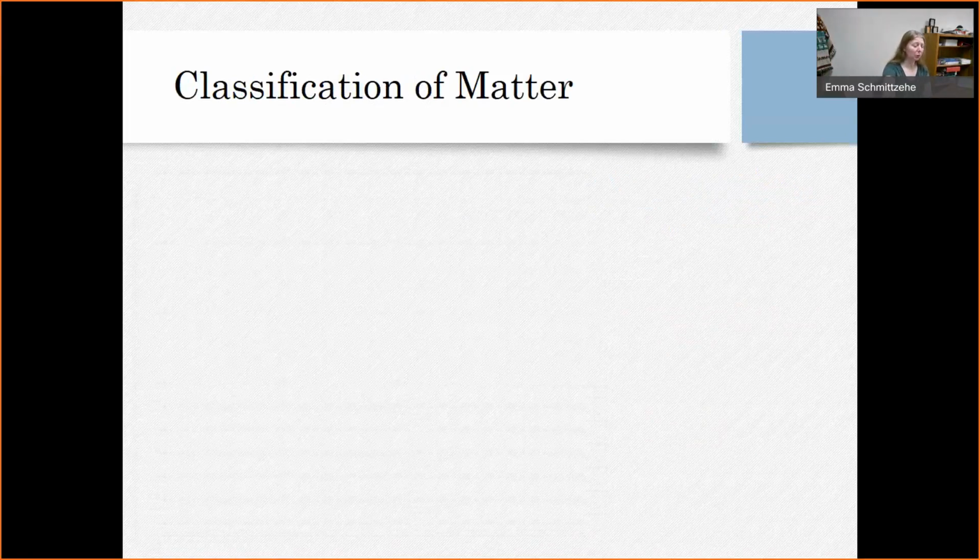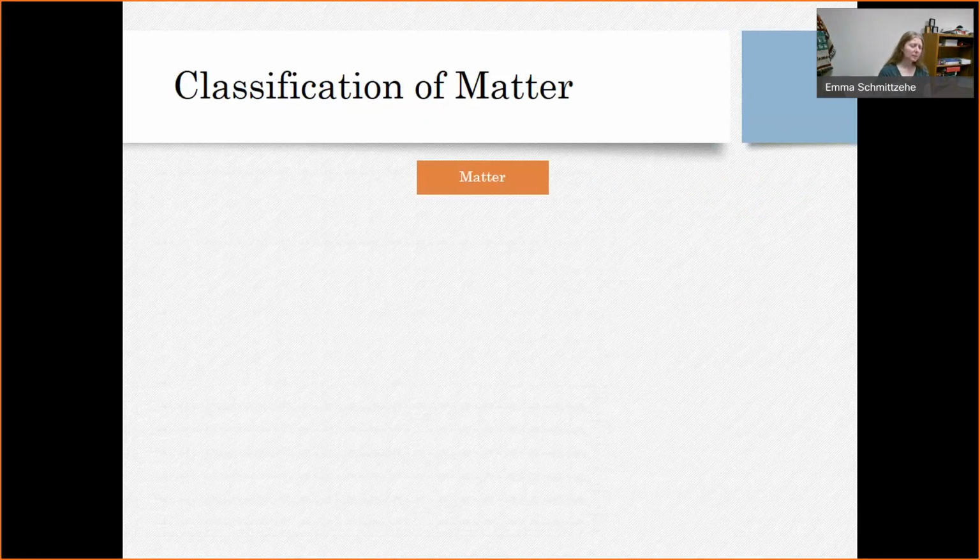And I guess it might be good to start off with, well, what is matter other than things that are made up of elements, okay? Well, matter by definition is anything that occupies space and has mass, okay? And when we say occupies space, that would be something that has volume, okay? So basically matter is anything that has mass and volume, okay?